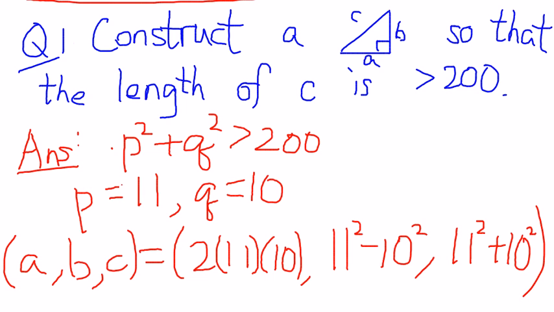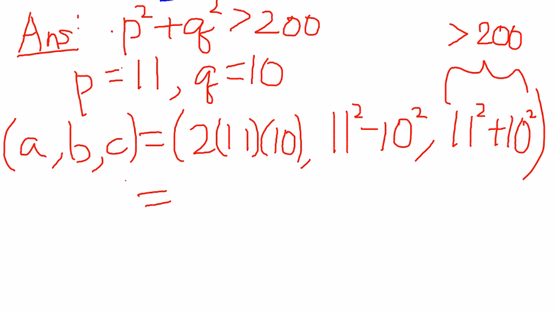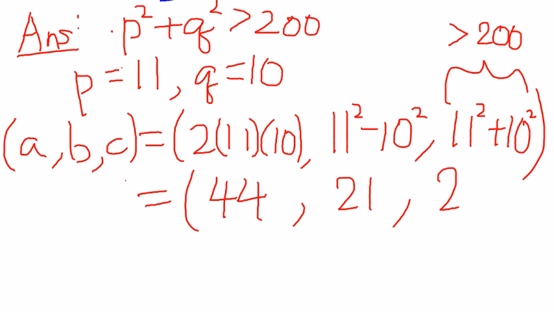I hope you can verify by calculator or by manual calculation that this number must be bigger than 200. I believe you can do the calculation on your own. This number is going to be 220 here, the next number is going to be 21 here, and the last number is going to be 221.